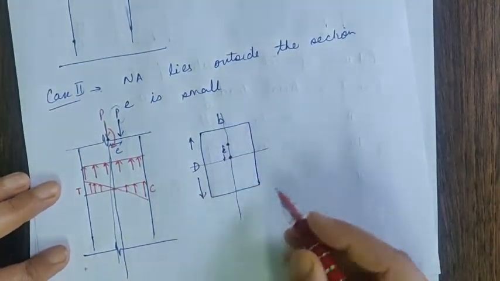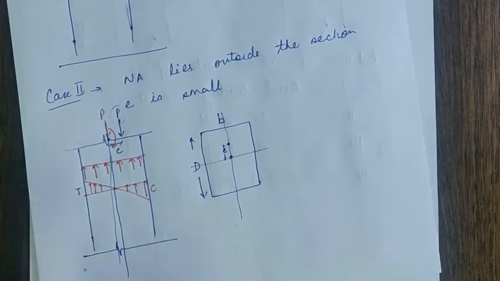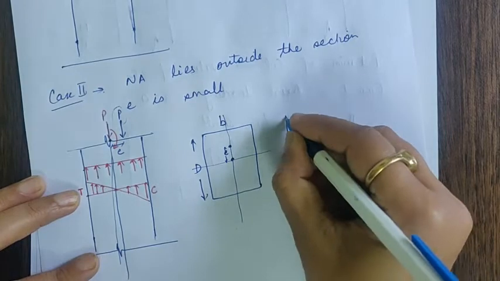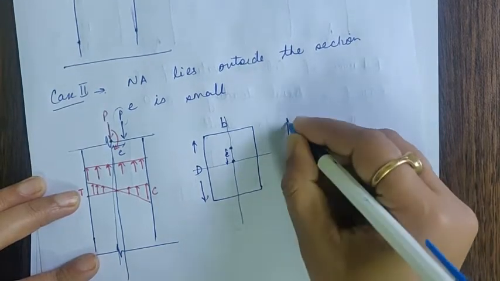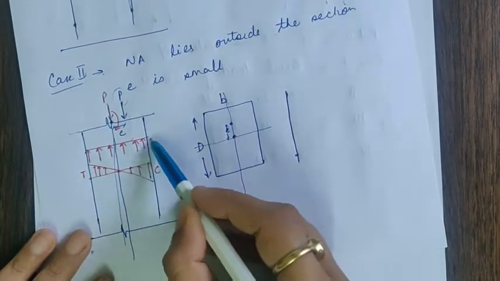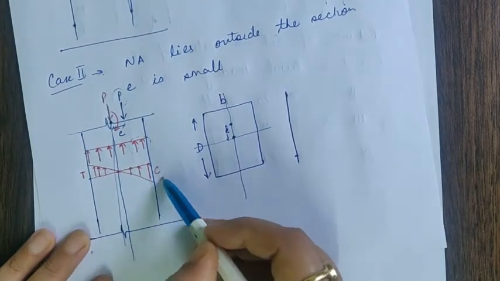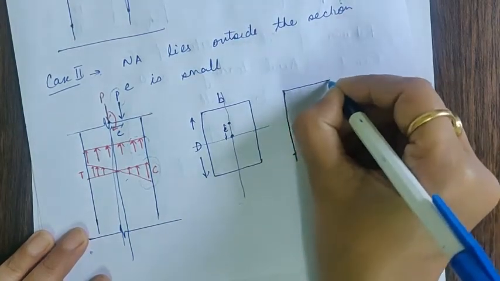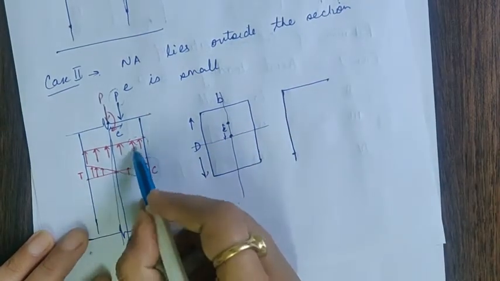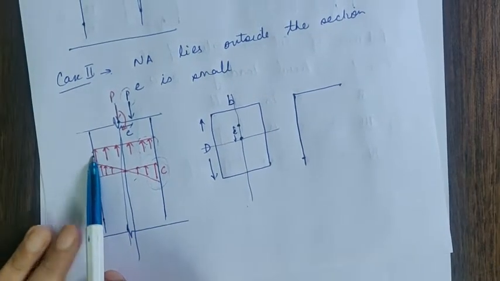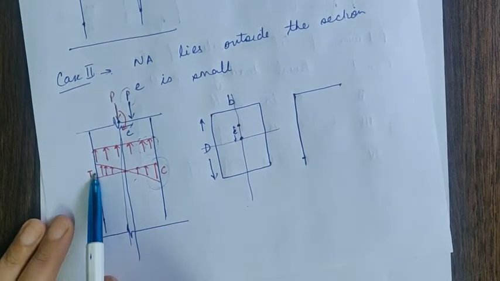So what will be the net stresses on a cross section? First of all, net strains on the cross section. There will be compressive strain due to this, and compressive strain due to this. So net strain on this edge will be the addition of these two compressive strains. There will be net compressive strain on this end, but a tensile strain on this.